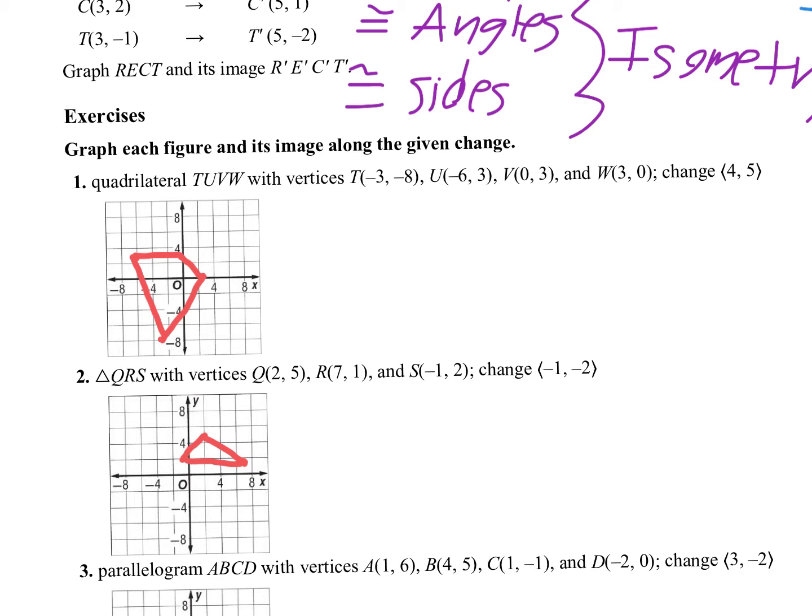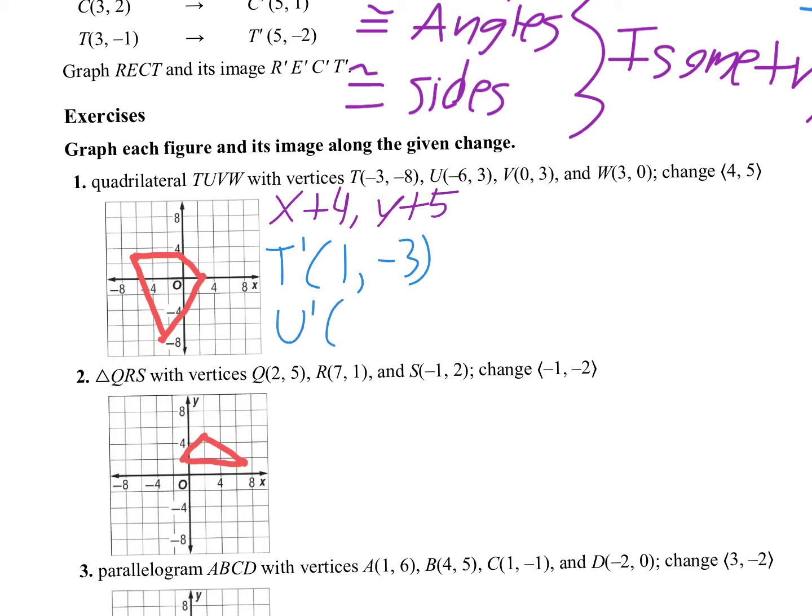So (4, 5) means I'm going to take my x's, I'm going to add 4 to them, take my y's, and I'm going to add 5 to those, such that T prime will exist at (1, -3).